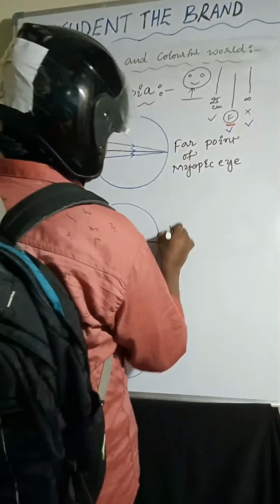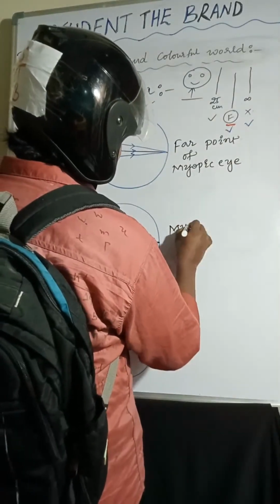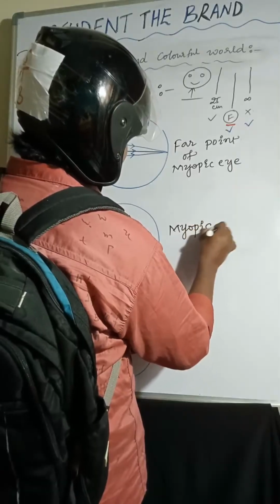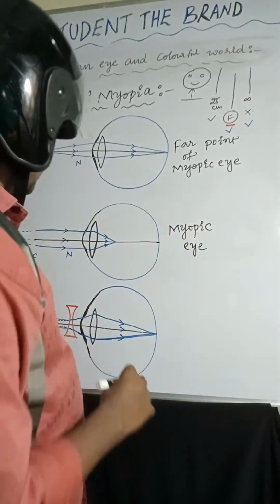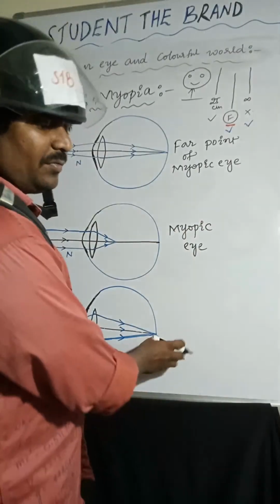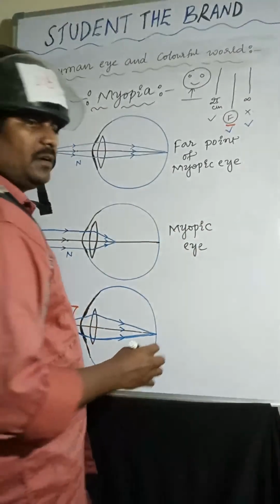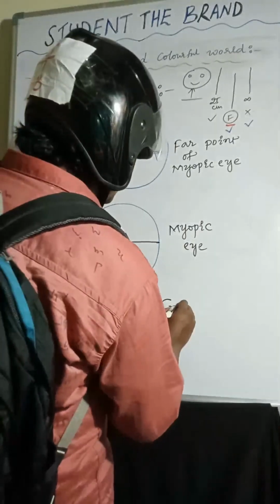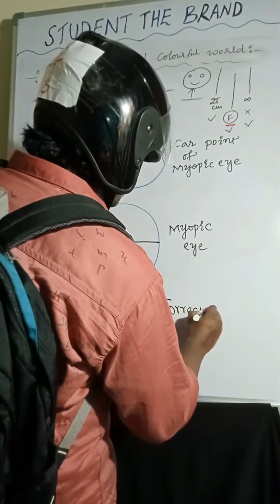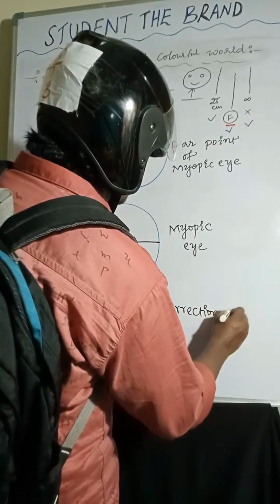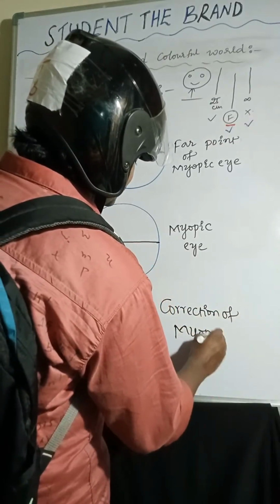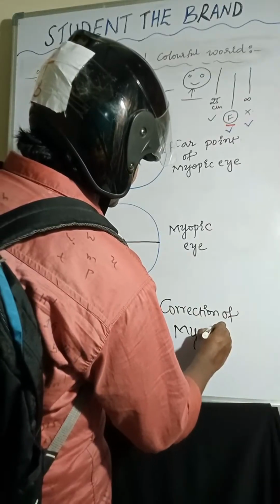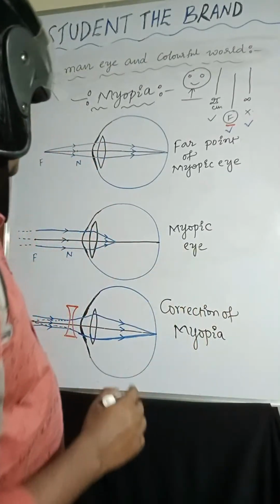So this is the myopic eye. And this one is the correction of myopia. Once again, observe here.